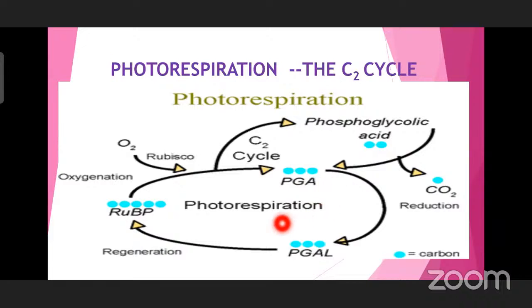Okay, this is C3 cycle, the common thing that we can see. But here the phosphoglycolic acid is going to take C2 cycle. That means another phosphoglycolic acid which is having 2 carbon, both of them will combine, 2C plus 2C, 4C. From 4C it is easy to lose 1 carbon in the form of carbon dioxide. And again the 3C compound, phosphoglyceric acid, is formed here.